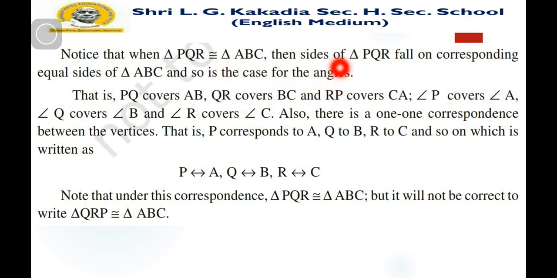We take triangle PQR and place it on ABC, and if the equal sides of PQR fall on the equal sides of ABC and fit, then we say they are congruent. That is, PQ covers AB, QR covers BC and RP covers CA. Then angle P covers angle A, angle Q covers angle B, and angle R covers angle C. So we can say that both the triangles are congruent.